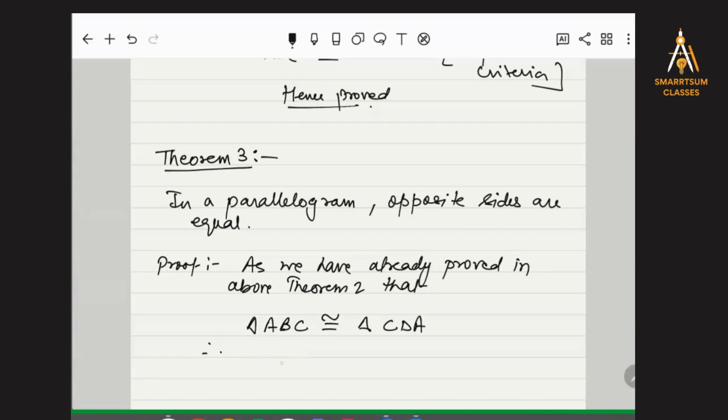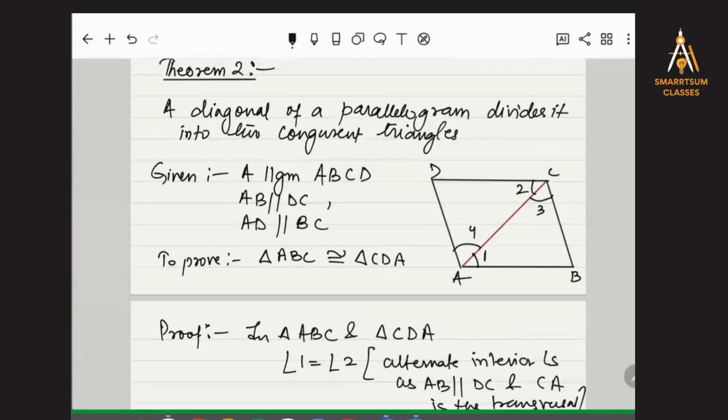Therefore, since these triangles are congruent, we can say that other corresponding parts will be equal, right? Congruent same होने का मतलब सारे parts equal होंगे, right? So AB is equal to CD and BC is equal to AD, right?